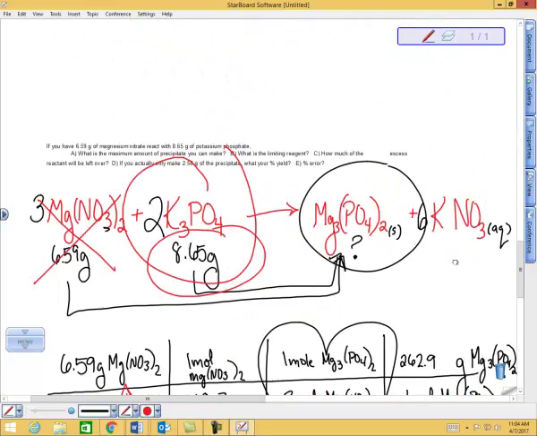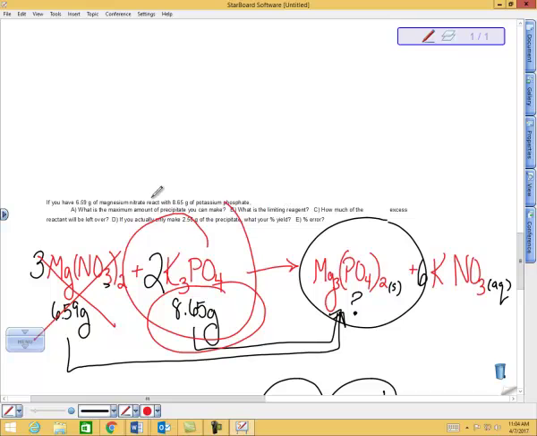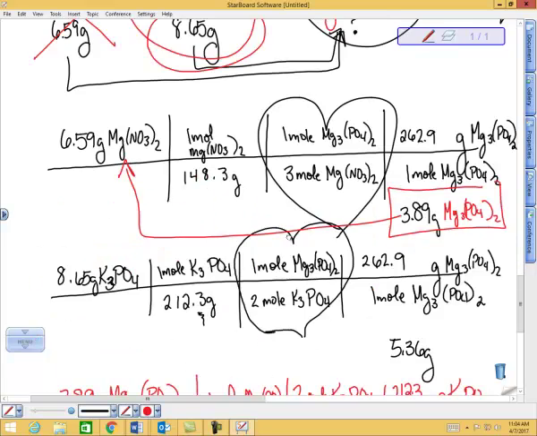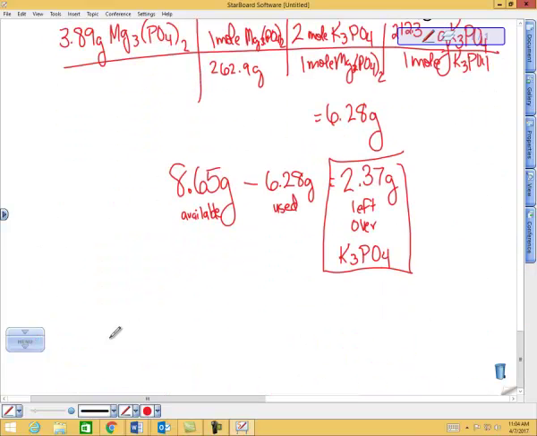But the question gave us a specific amount that was made. It says if you actually made 2.56 grams of your precipitate, so 2.56 grams was actually made. How much were you supposed to make?